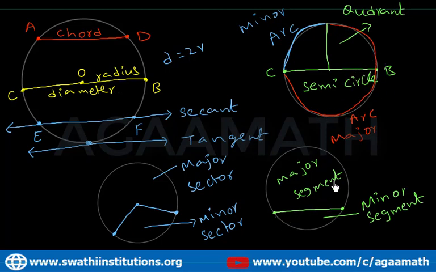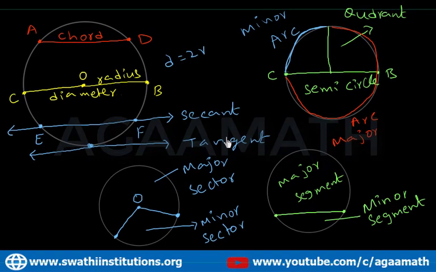When the circle is divided into 2 parts using a chord, the larger area is called the major segment and the smaller area is called the minor segment. When the circle is divided into 2 parts using the radii, the smaller area is called the minor sector, and the bigger area is called the major sector. So these are the parts of a circle.